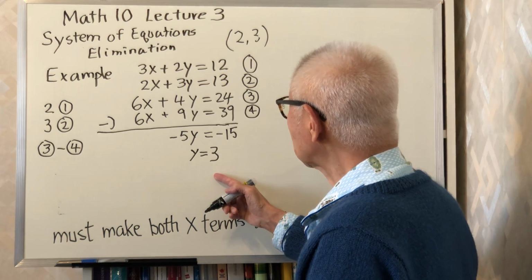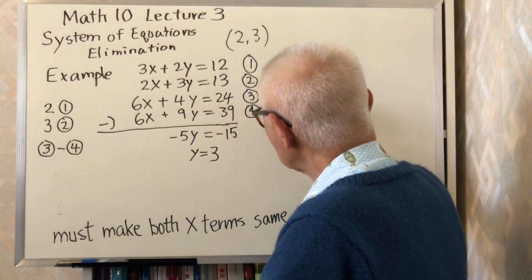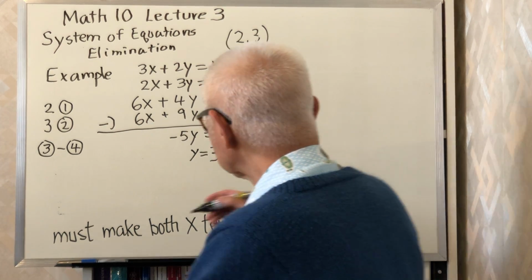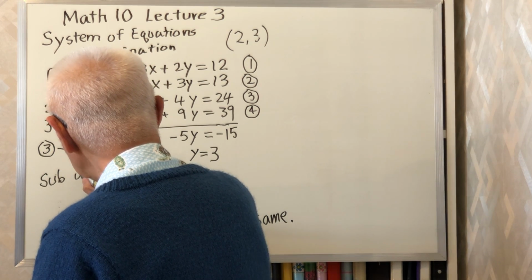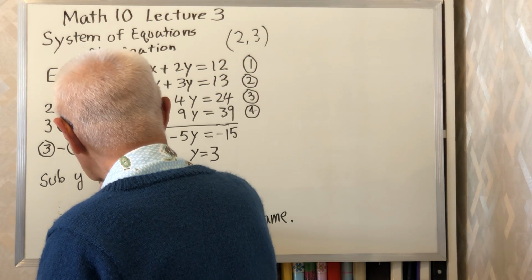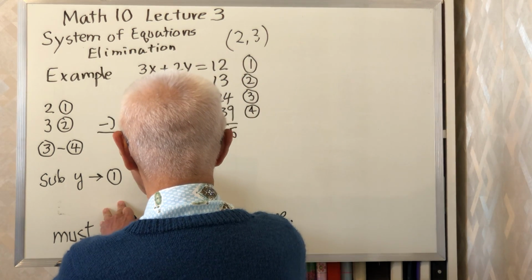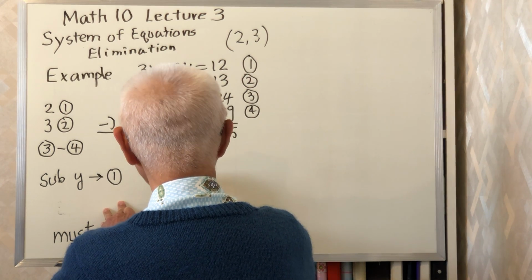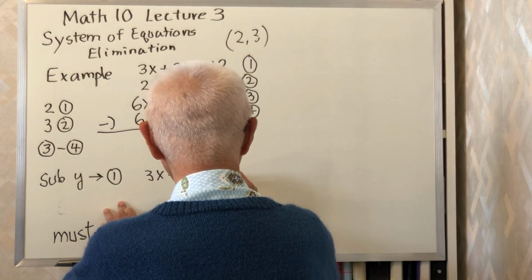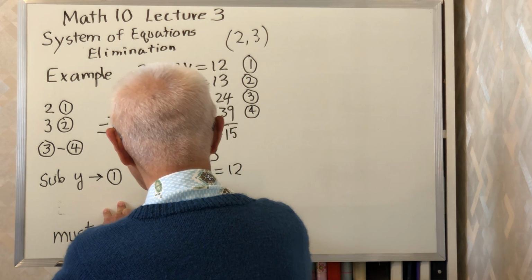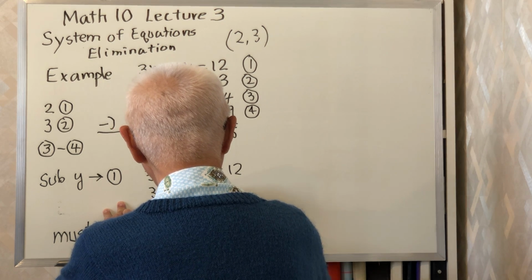Once I have y, I can put y into either this one or this one. So let's choose one. So substitute y into equation 1. So I have 3x plus 2 times 3, that is my y value, equals 12. So 3x plus 6 equals 12.